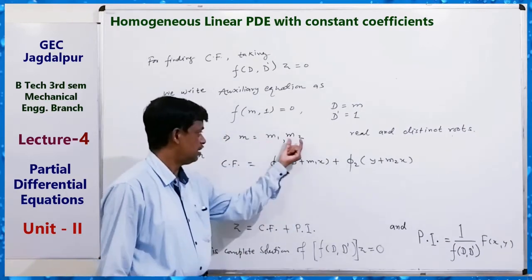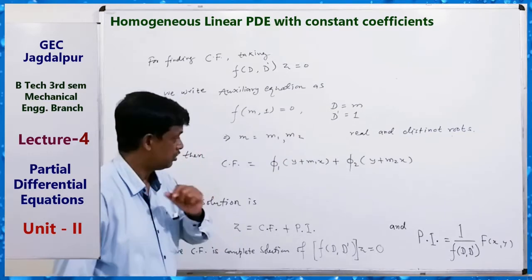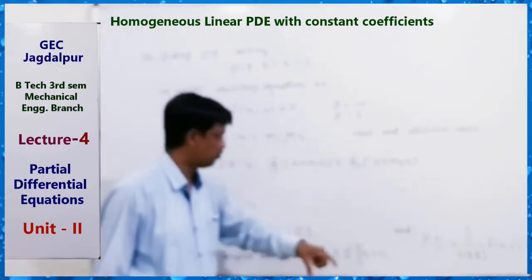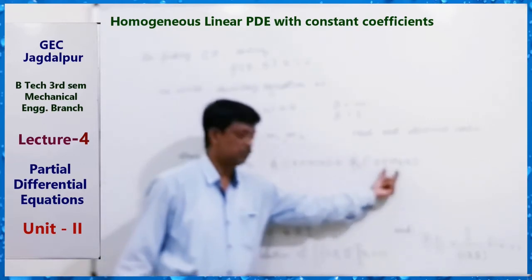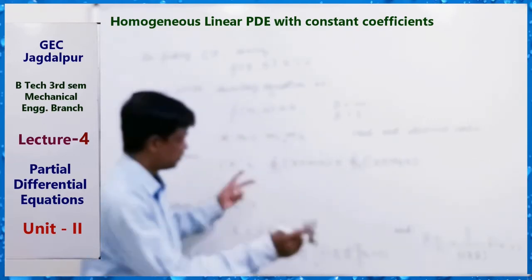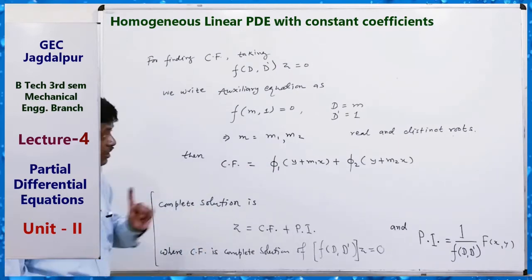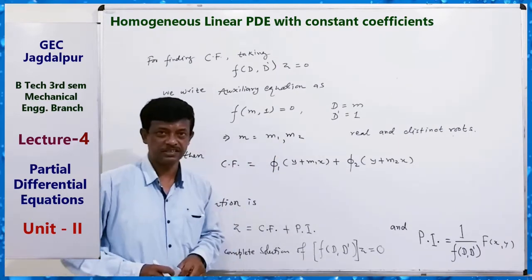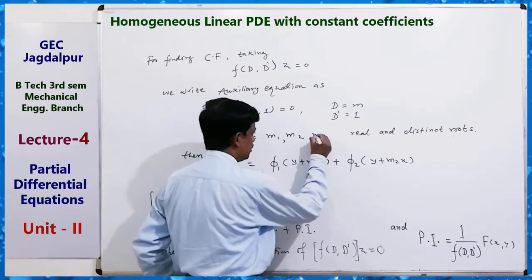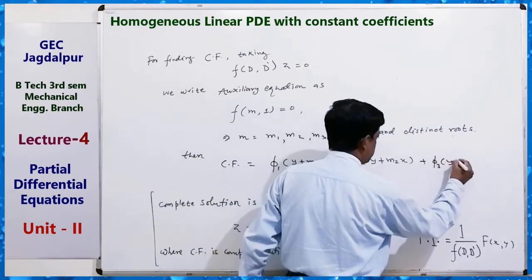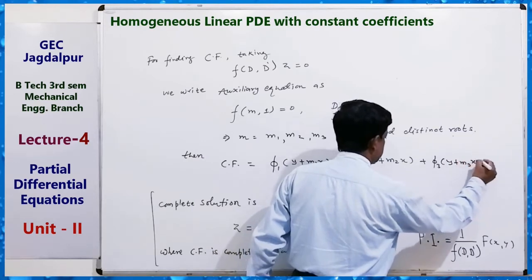Then m1, m2. So we combine this like this: a function of y plus m1x, and a function of y plus m2x. These two functions are added. Then we get the complementary function when roots are real and distinct. Suppose there are three roots, then we can write another function of y plus m3x.